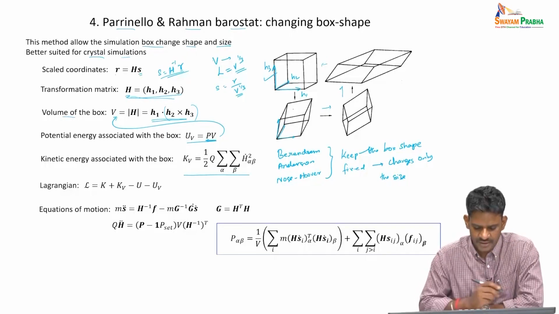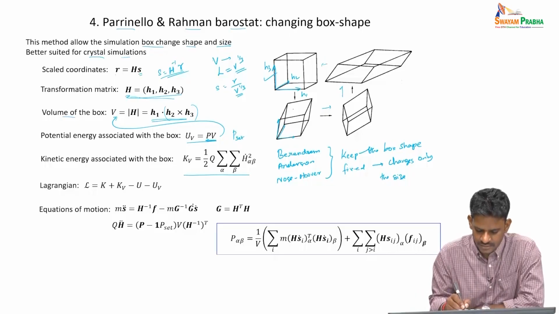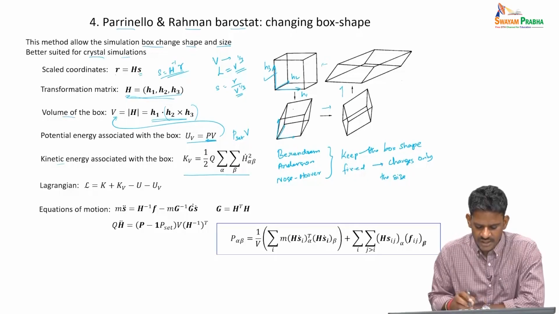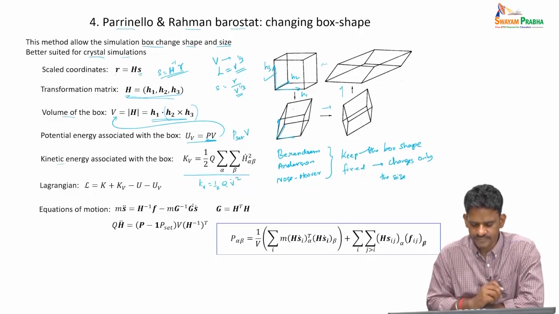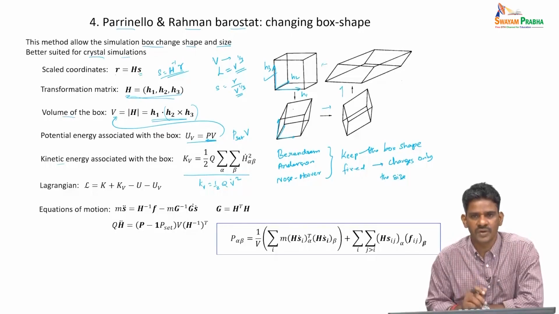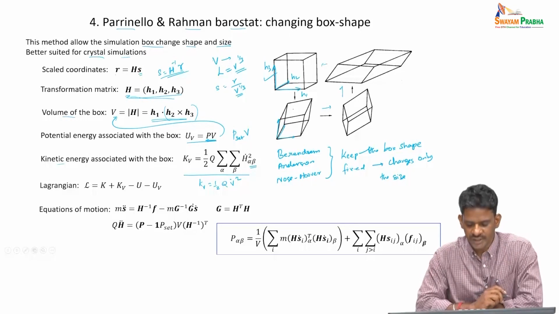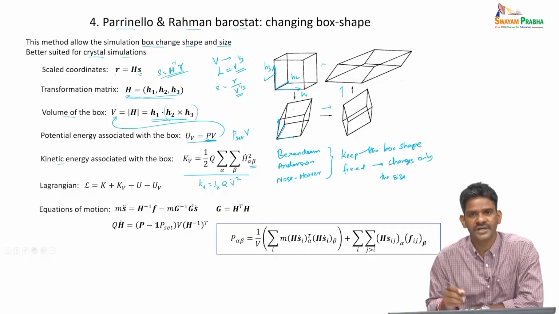Okay, so this should be P set times V. Similarly, we associate a kinetic energy with the box, and we would have simply defined in the Andersen method as 1/2 q V dot squared for the case of a cubic box. But now we are letting the box evolve, so we have to use this two-index h alpha beta, where alpha and beta can be 1, 2, 3, and we use the rate of change of these edge lengths.